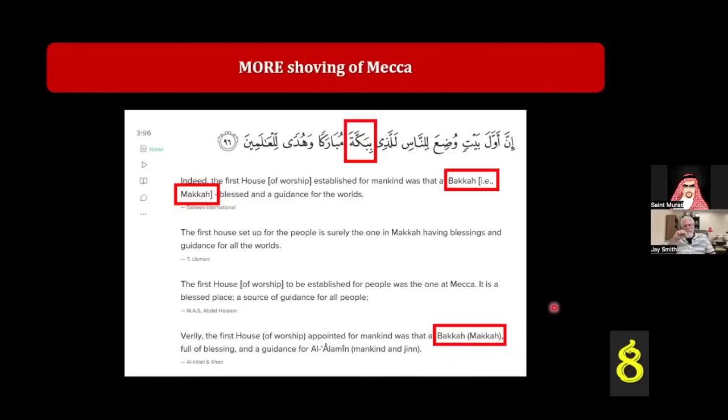And here, these people, Taqi Osmani and Abdul Halim, they didn't even say Becca, they just said Mecca, as if the word Becca is not in Arabic. But this word also might mean Becca, Valley of Becca, and now again we are close to Jerusalem. So you see how they thwart and hinder academic progress by locking it into Mecca when it's actually a mistake. Becca has nothing to do with Mecca.